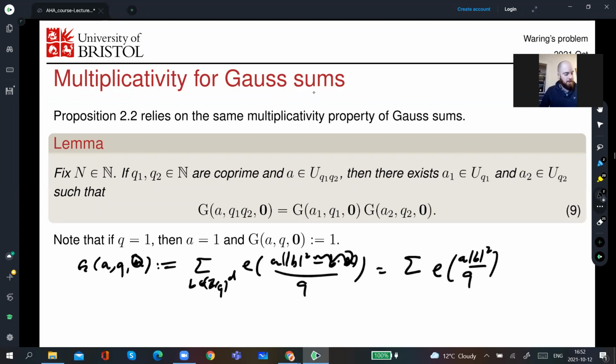If I pick my moduli Q1 and Q2, I want to show that G of A, Q1 Q2 is just like G of A times G of A, Q1 times G of A, Q2. But instead I have to think about what happens to A when I reduce it modulo Q1 and modulo Q2 separately. It has a unique representative for each one of those.